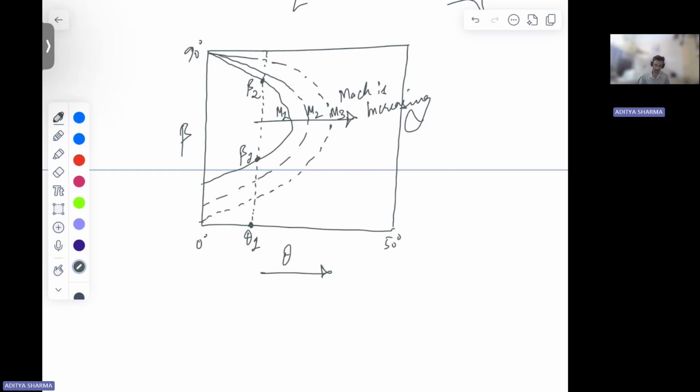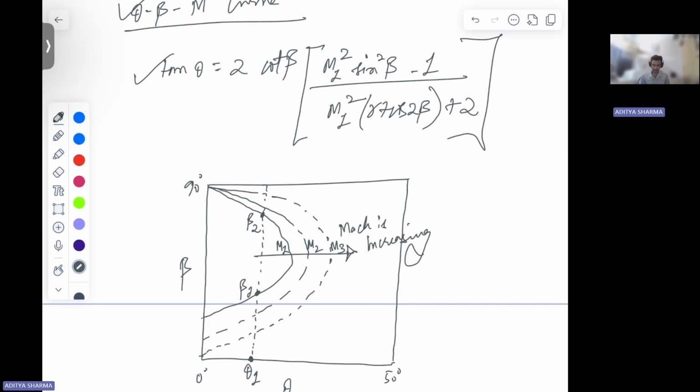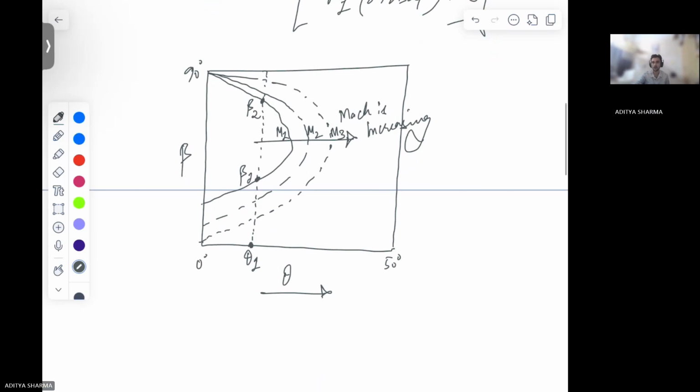So it means this equation has two solutions, right? Of your beta, when M1 is given and theta is given. So two solutions, right? Now what do these two solutions correspond to?